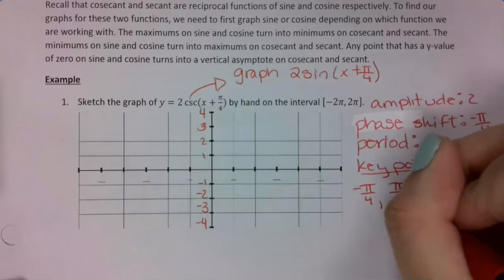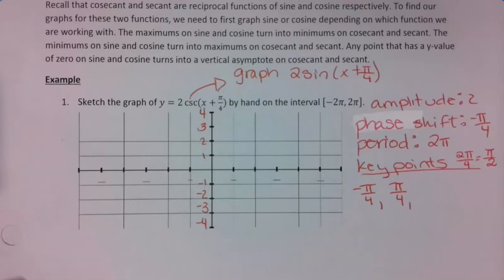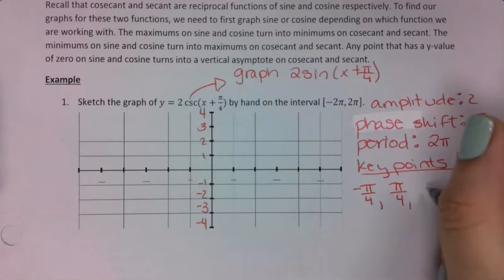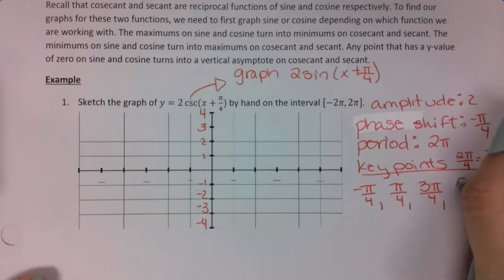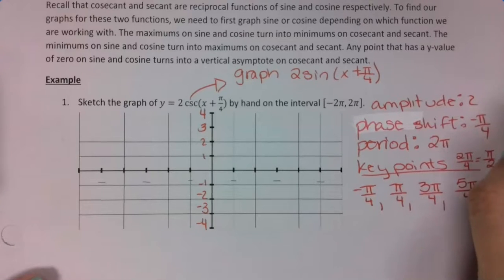Pi fourths plus pi halves is 3 pi over 4. 3 pi fourths plus pi halves. And 5 pi fourths plus pi halves.